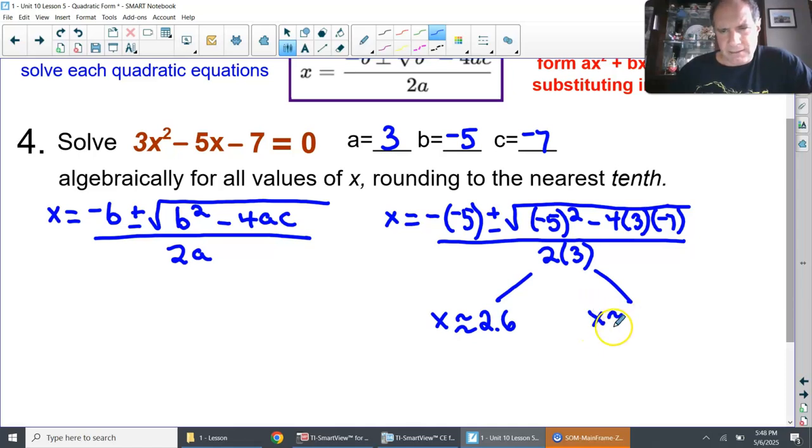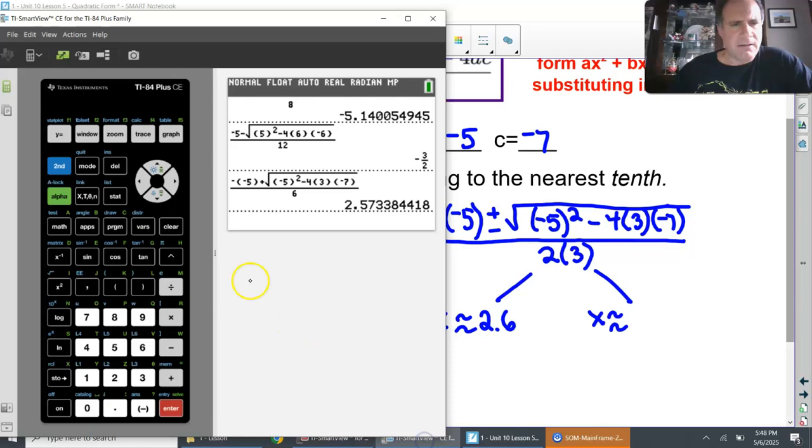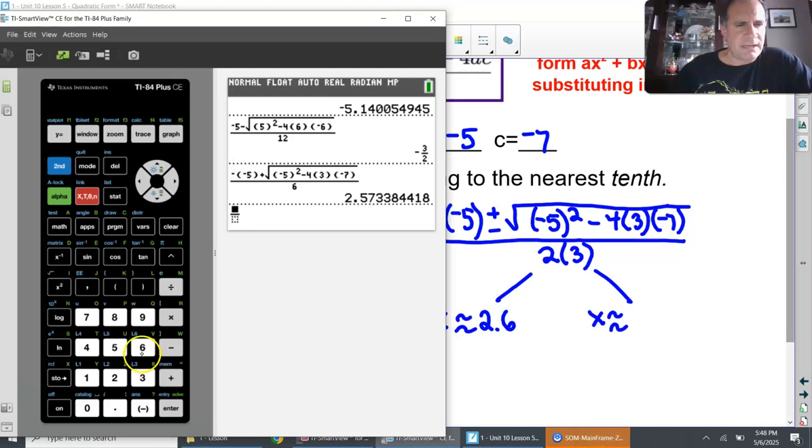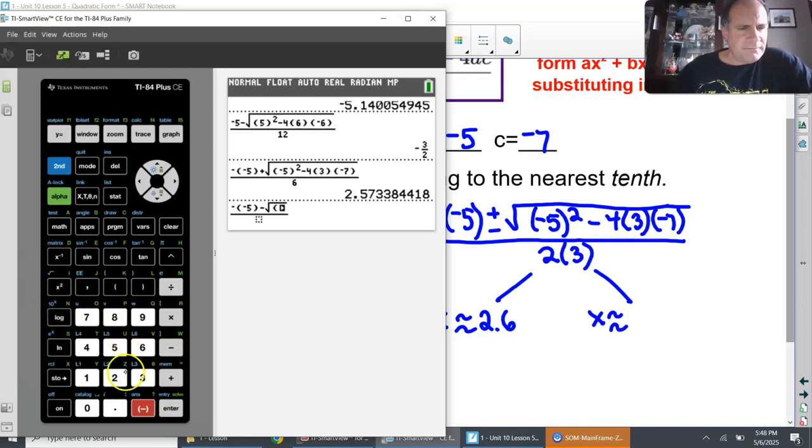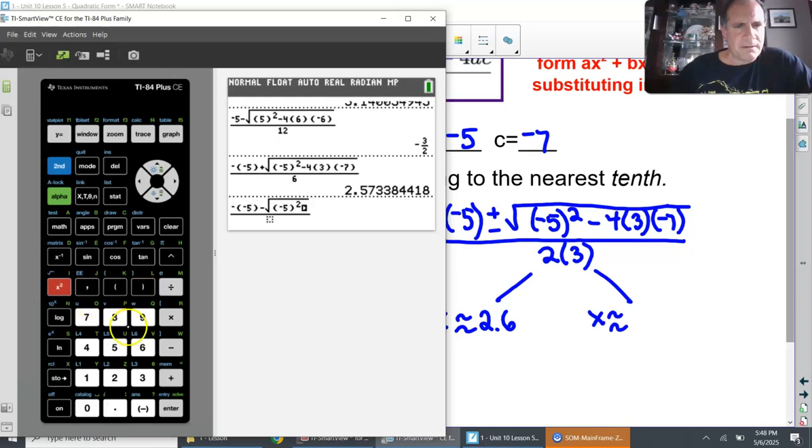And then we're going to put x here. And we're going to go back up. And we're going to put a +5 this time, because negative and negative. And in the minus sign right now, this is the square root of -5 squared -4 times 3 times -7 all over 6.